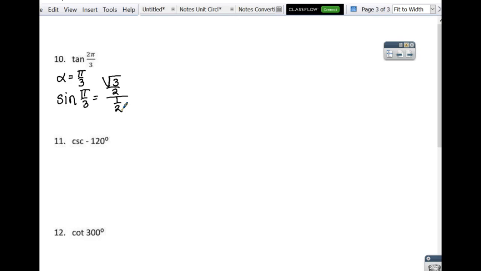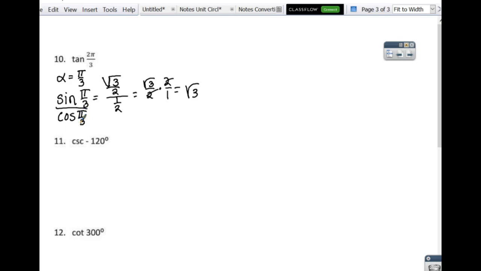And how do I do this? Do you guys have this right? Y over x. Yes, okay. So I'm dividing, so I'm going to flip it and multiply. So this is going to be the square root of 3 over 2 times 2 over 1. So this is the square root of 3. So the next thing I need, oh, this is sine over cosine.